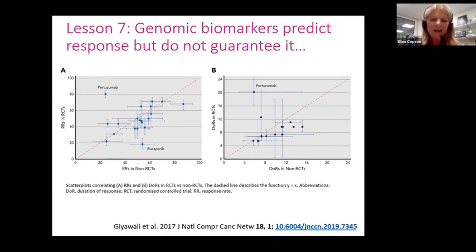You can see on the slide on the left that we're generally looking at around a 40–50% objective response rate, which essentially means in clinic that half the patients you put on a drug are going to benefit from it. So it's really important, coming back to my first lesson, that we use the right language and talk about becoming eligible for treatment, or hopefully benefiting, but you can't guarantee it.